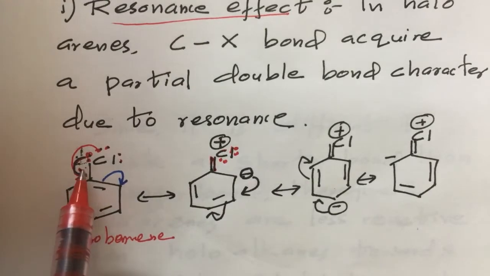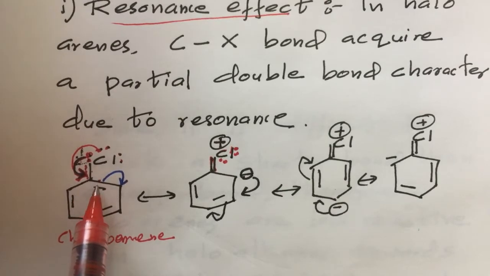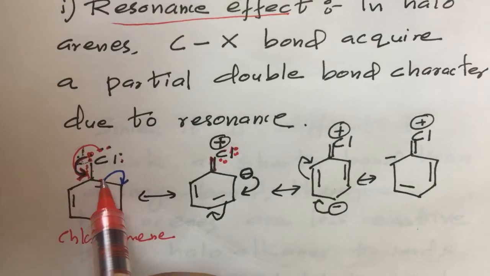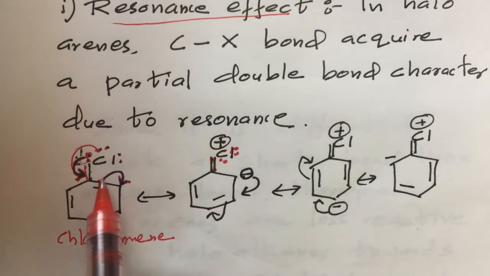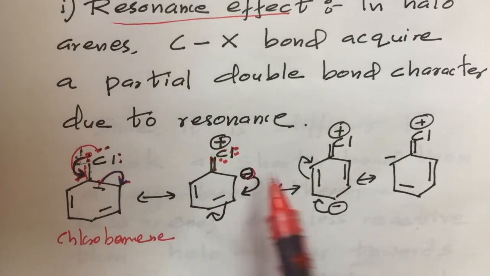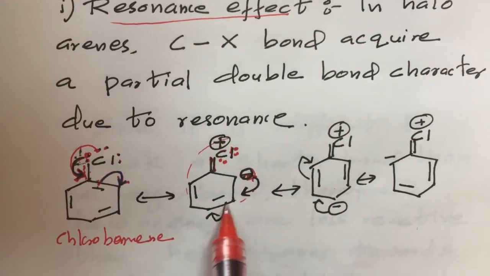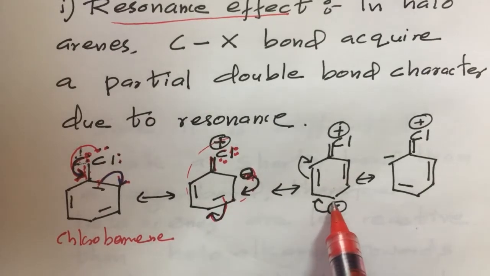After making the double bond, to maintain tetravalency, these electrons are shifted to this carbon, giving a negative charge there. This negative charge again shifts to the next carbon, then the pi electrons shift to the para position carbon.